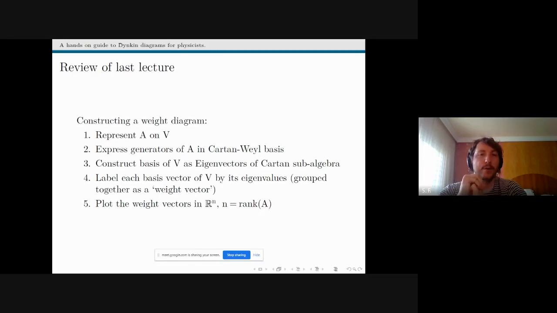The last lecture focused on constructing root diagrams in a really algebraic fashion. So we still had to calculate all of the commutation relations. We constructed explicit representations. We searched for eigenvectors and eigenvalues, and then we plotted the eigenvalues. And so this procedure seems to be doing everything that we're trying to avoid. It really doesn't seem like a procedure that's going to scale well to larger algebras.